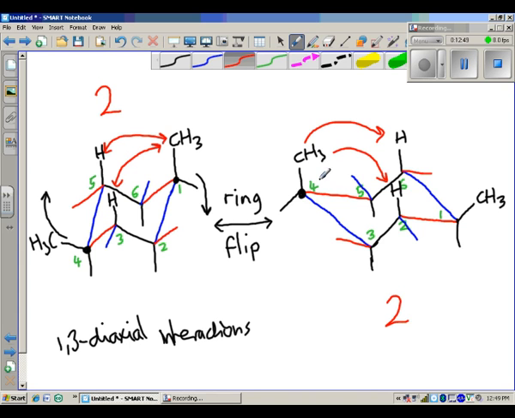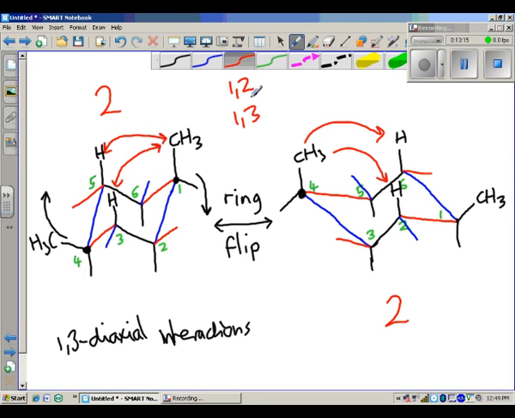If the substituent changes, that's going to change everything, because some groups are bigger than others. Some groups have more of an interaction with axial hydrogens. And if you had something like 1,2 dimethyl cyclohexane or 1,4 dimethyl cyclohexane, sorry, the 1,4 is what we're doing, we could have 1,3.